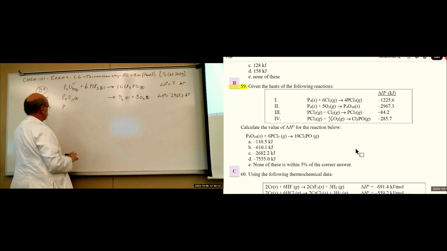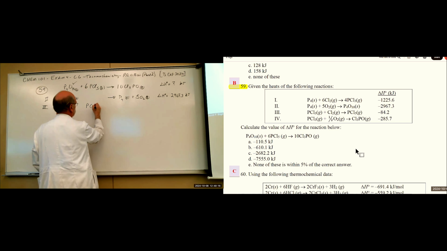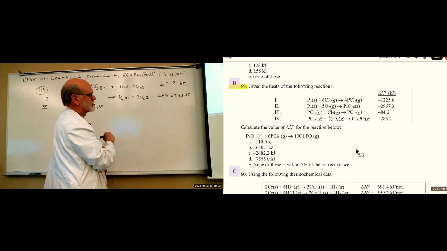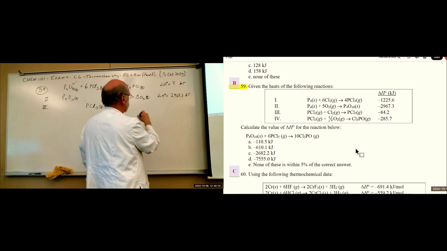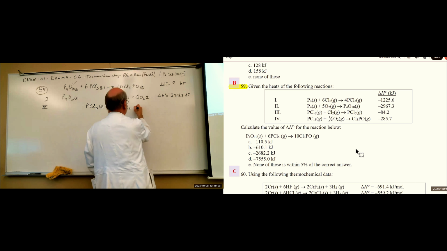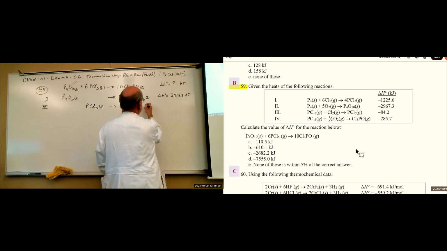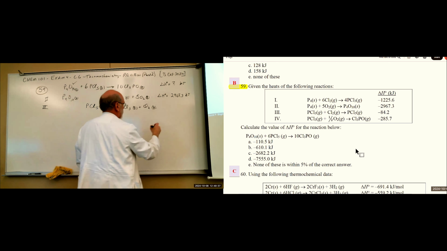So we start off, let's put it over here underneath this. PCl5, that is a gas. Yep. And that's equal to PCl3, which is also a gas, plus Cl2.